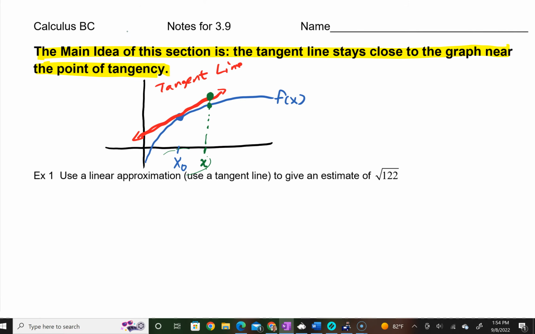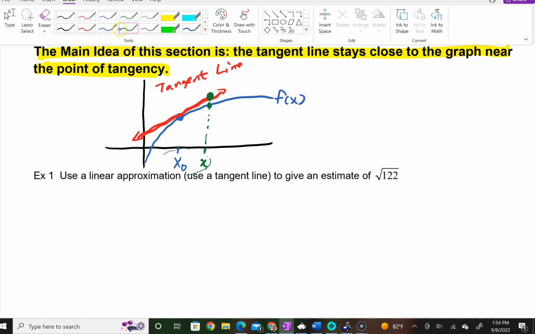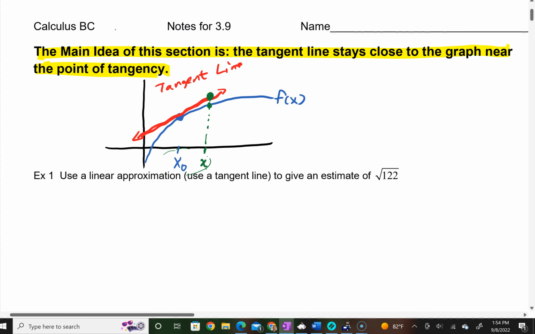You could see the further we'd go away, like if we're coming way off to the left here, and I said, I want to estimate over here, here's your point on the tangent line, and then maybe down here is your point on the curve. The farther away you move from the point of tangency, where the tangent line touches the curve, the less accuracy you get in your estimate.